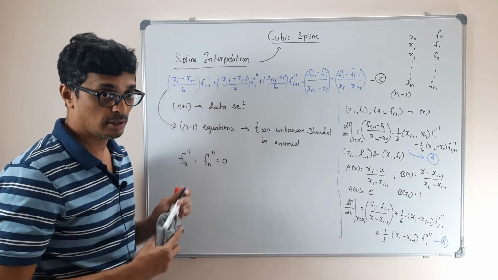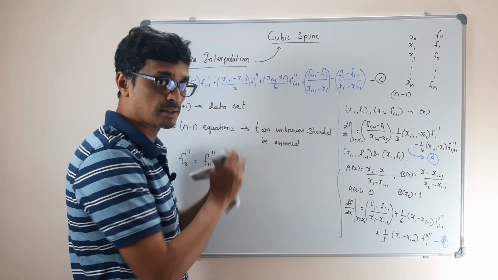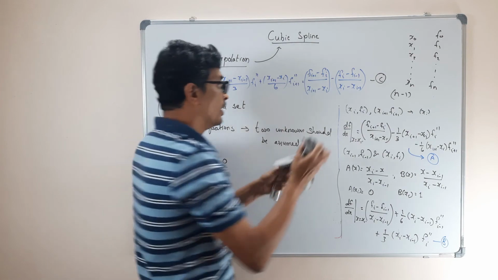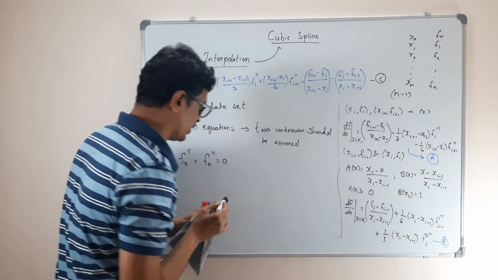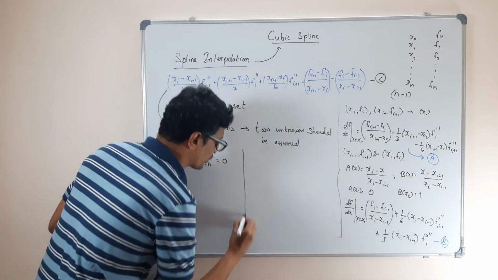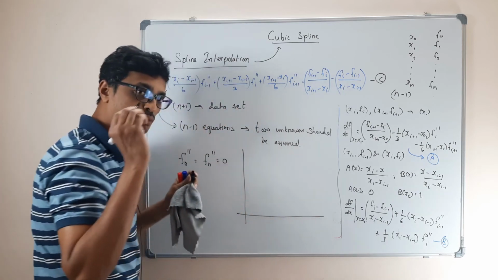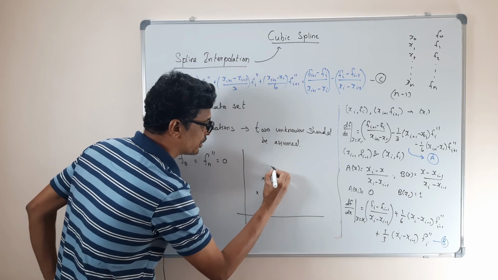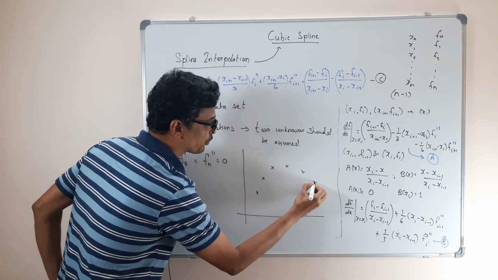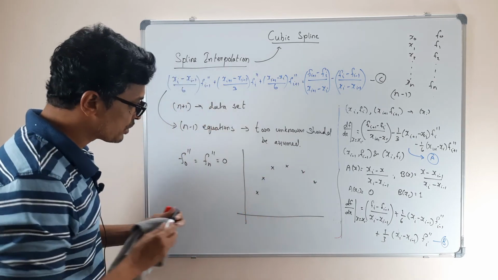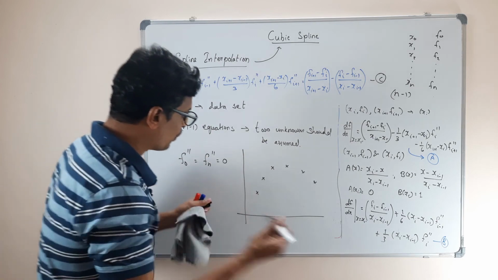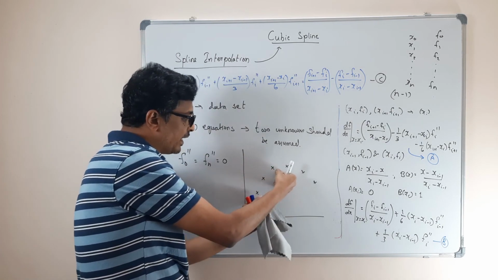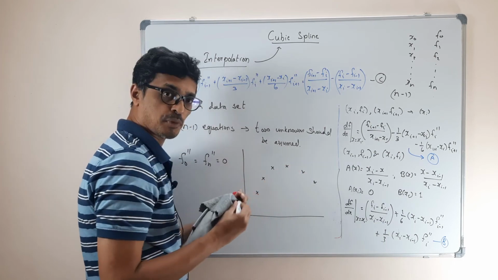In fact, if I ask you to do this whole process, not by this method, but by giving you a flexible strip, and if I ask you to do the spline, this is what exactly you will also face, because you have the points something like this, and now when you try to spline it, all the intermediate points, the previous point will give you an idea what should be the curvature.